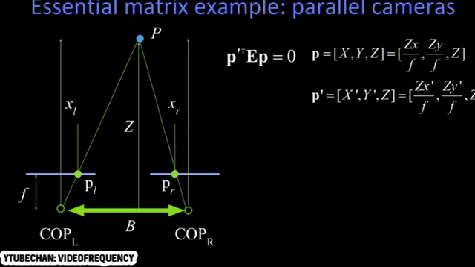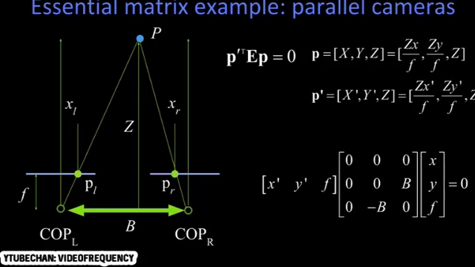Let's put those points in our essential matrix equation. So I just inserted them here using our E, and now I've done something a little bit sneaky again. Here I have P prime, E, P, but you'll notice I've now divided my points all the way through by the amount Z over f, a constant.